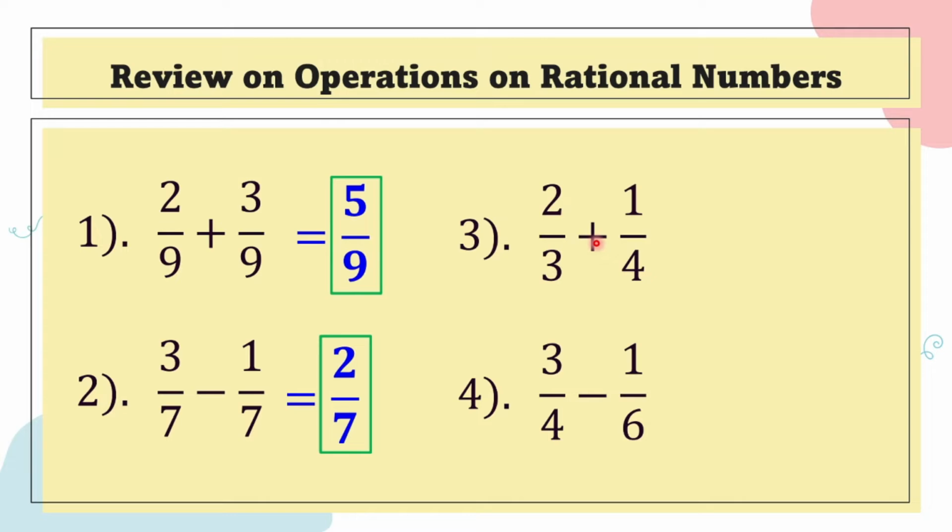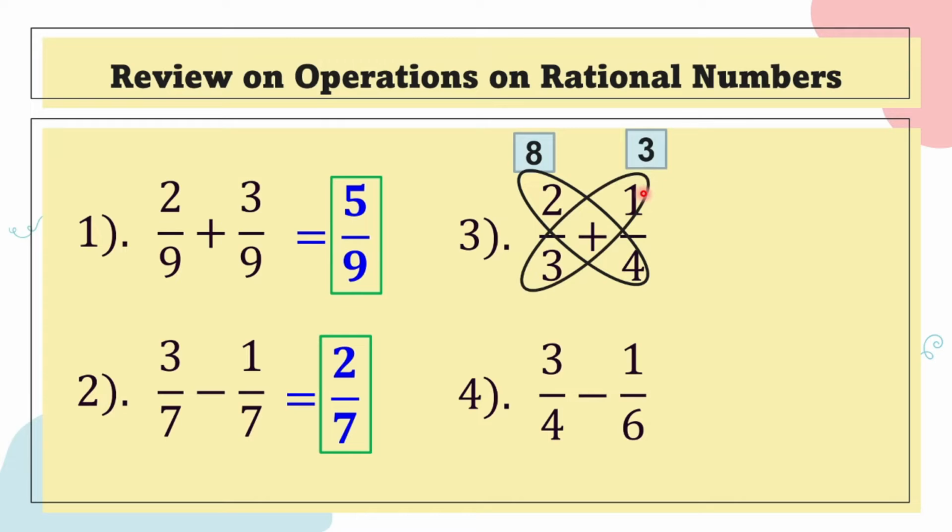So proceed tayo sa number 3. We have 2/3 plus 1/4. So kapag magkaiba ng denominator, i-apply na lang natin yung pinakamabilis, which is the butterfly method. So ang gagawin natin, magko-cross multiply tayo. So unahin natin si 2 and 4. Kukunin natin yung product nila. So the answer is 8. And also, doon naman sa kabila, we have 1 times 3, that is 3.